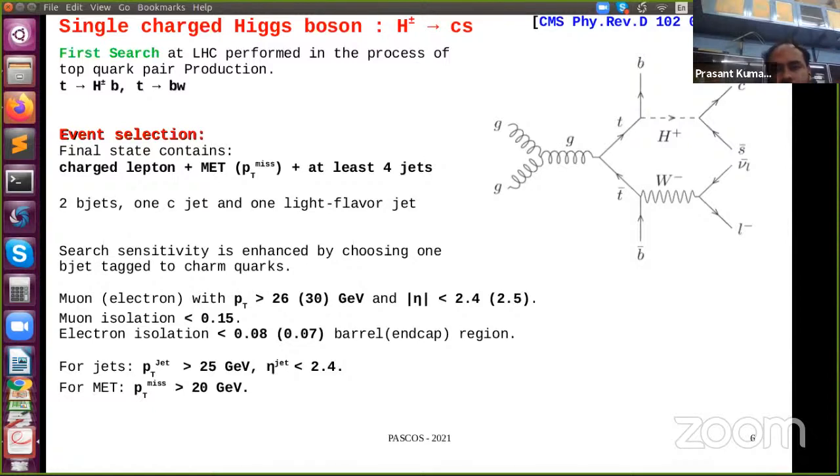In this phase space, 2 b jets have been considered, and 1 c jet and one light flavored jet. The search sensitivity of this analysis is enhanced by choosing 1 b jet, which is tagged to charm jets.